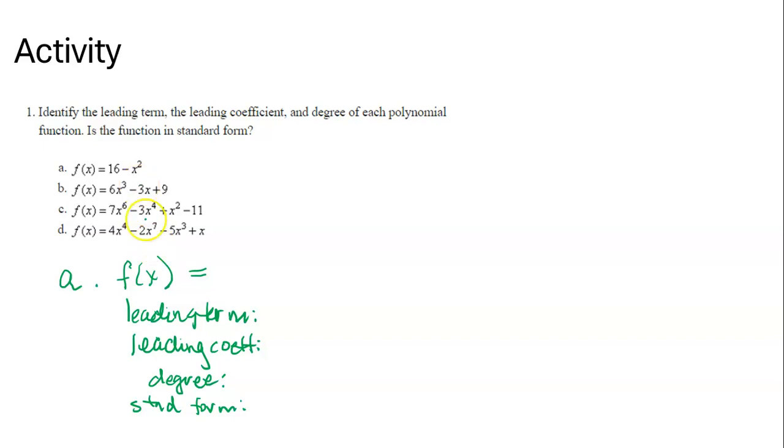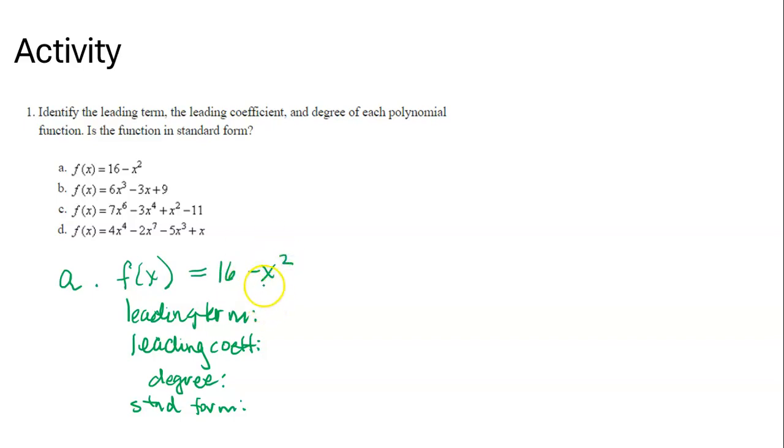We're going to do this for each of these 4. My suggestion is to pause the video and do A, B, C, D, and maybe even try them and come back and check them against my video. I think we have enough time to at least do the first one.